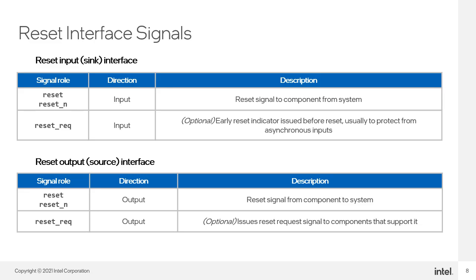Optionally, a reset request signal can be used to prepare a component for reset, especially when asynchronous resets are used. If the reset request signal is missing on one side of a reset interface connection or the other, or there is a mismatch between an active high and an active low reset, logic will be added to the Platform Designer interconnect to accommodate the differences.